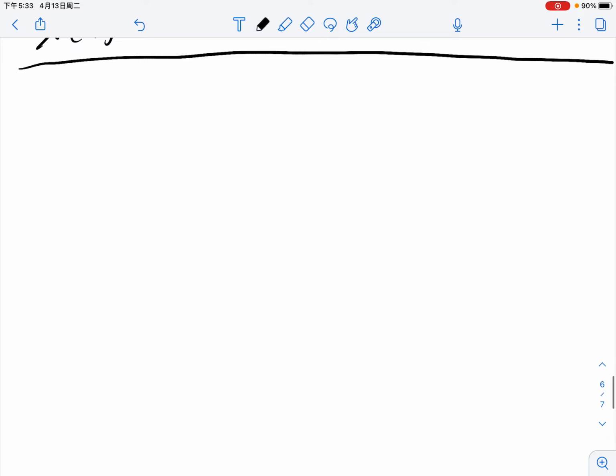Okay, in reality, you might have a very large chromatic number, and how to give a coloring, although it's not optimal, it's not the number given by the chromatic number, but we still want some reasonable coloring.